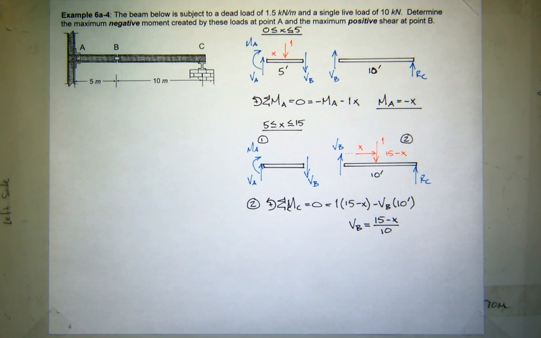Hang on. Yeah, that's right. 15 minus x over 10. Okay. I mean, you can reduce it down. No, something's not right. Something is not right. What did I forget?